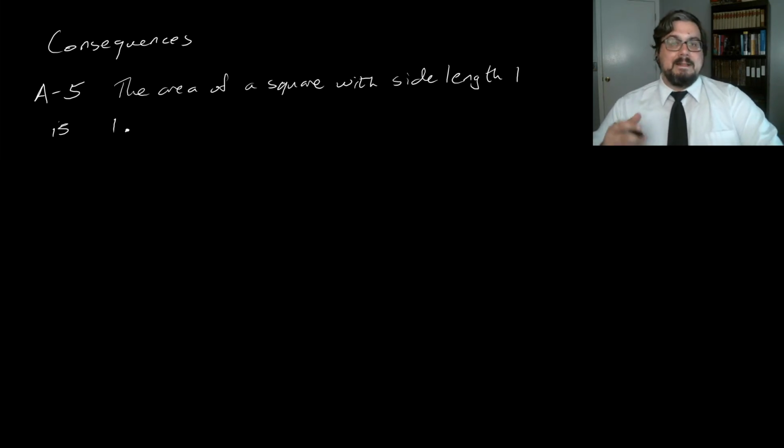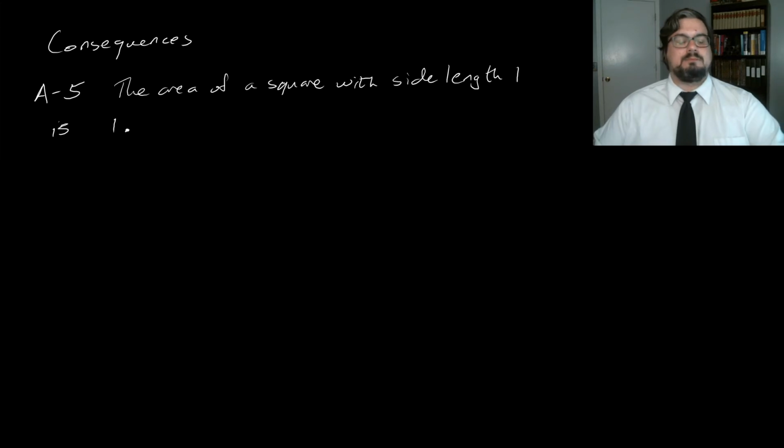A5 is sort of the statement here that completely normalizes our area function. It's very much like the axiom that we had about the sums of the measures of two supplementary angles being 180. It's a standardizing factor, a normalizing factor.